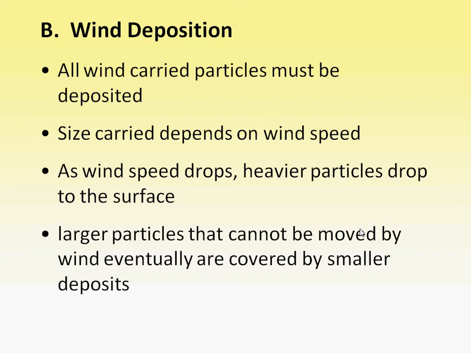Depending on the speed of the wind, the direction of the wind, and depending on if there are any obstacles in the way, will determine what happens. So pretty cool. The larger the particle, the faster the wind has to blow. The smaller the particle, it doesn't have to blow so fast.